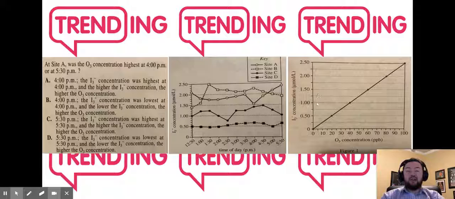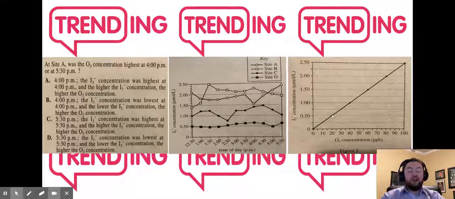And then when I go over here to this graph, it shows me that if I have an I3 concentration of, let's see, that's 1.5, I go over here, here's O3 concentration, and then this is I3, 1.5 is here. Well, I can see on this graph immediately that there's a trend that as O3 concentration increases, I3 concentration also increases.